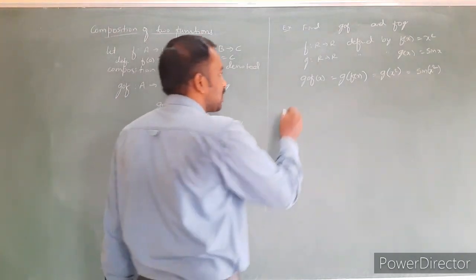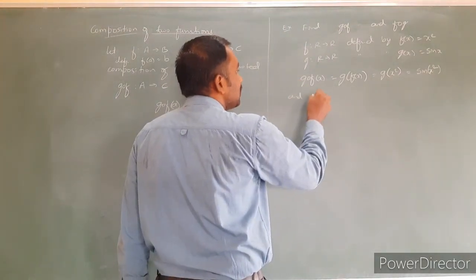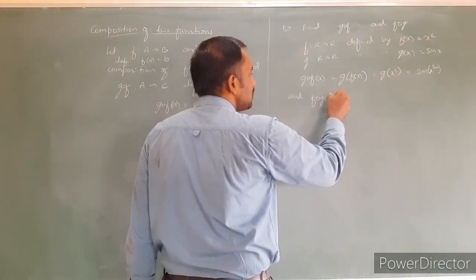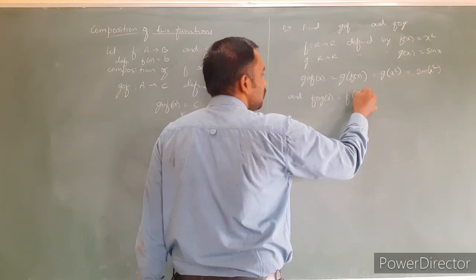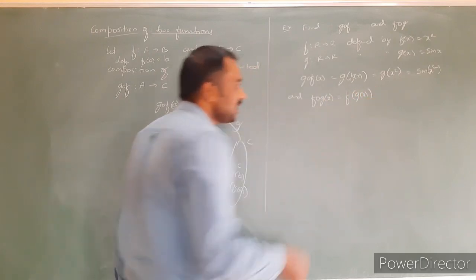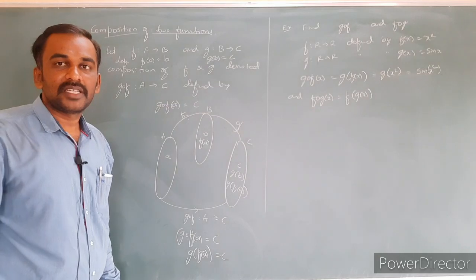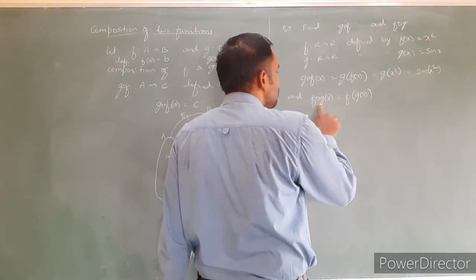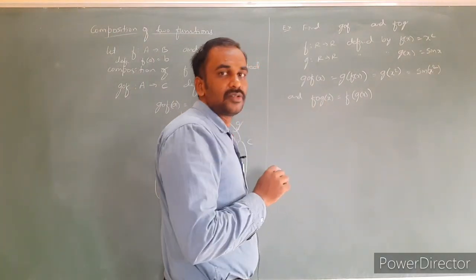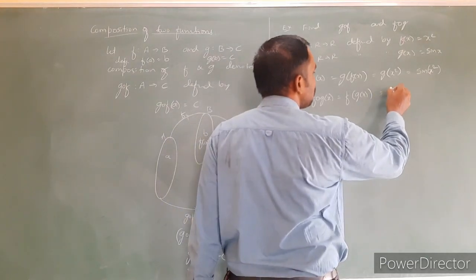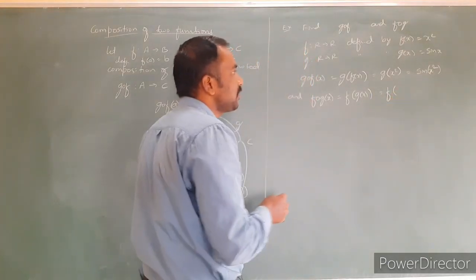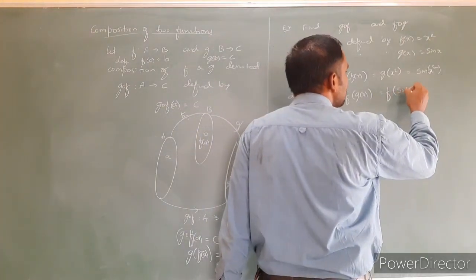That's all. Similarly, F circle G of X. What is F circle G of X? F of G of X. In this case, first of all, replace the inside value. F circle G of X is equal to F of G of X. First of all, replace the G of X value. What is the G of X value?